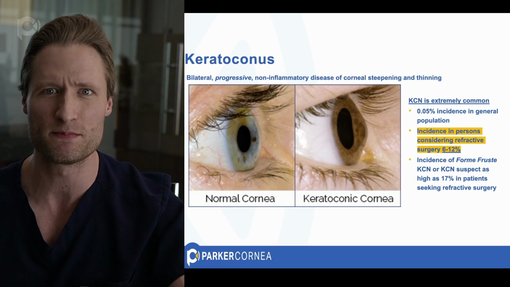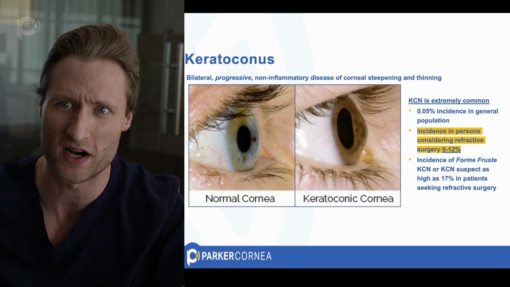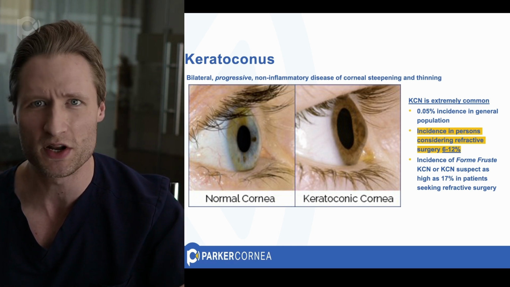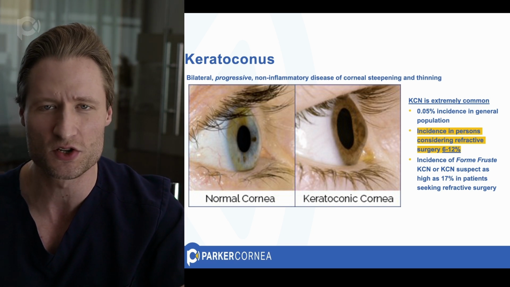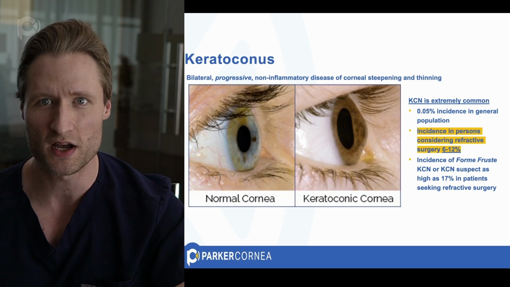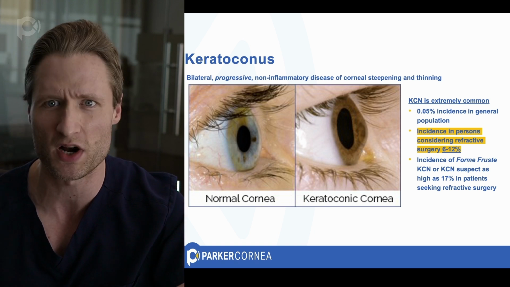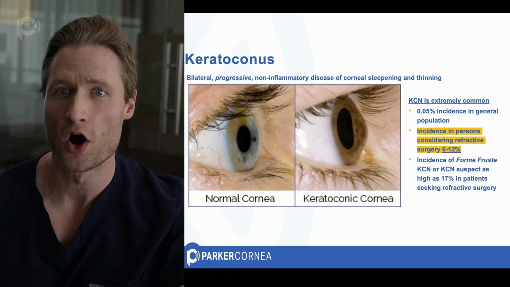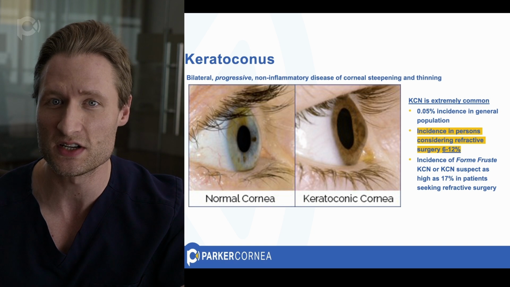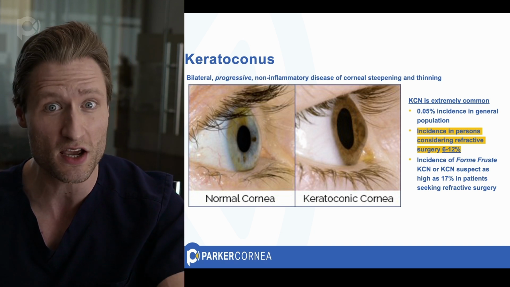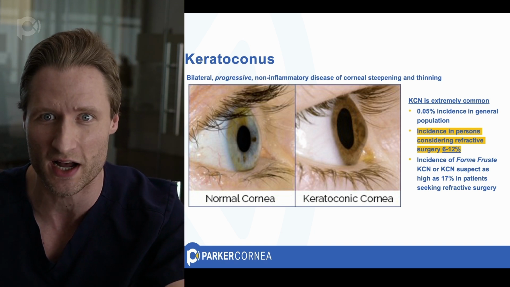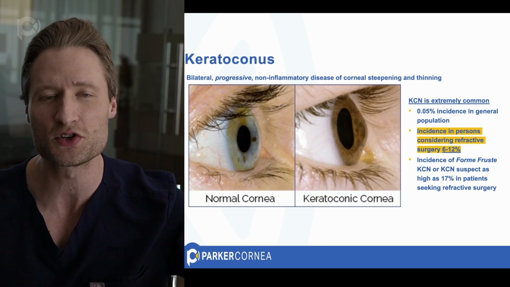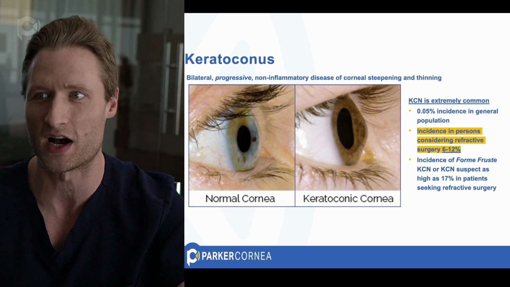Oftentimes what you read in the textbooks, you think, okay, it's just more or less scientific jargon, and why is that important? But in this particular instance, it is relevant to the definition because it tells us important prognostic information. First, keratoconus is always present in both eyes. If you see a patient with a cone in one eye, it may be less clinically manifest, but this is always a disease of both eyes.